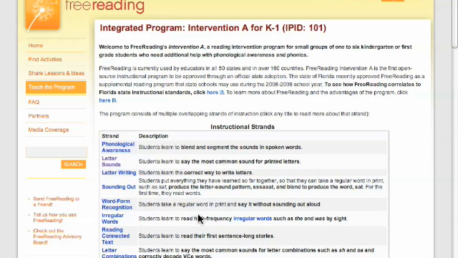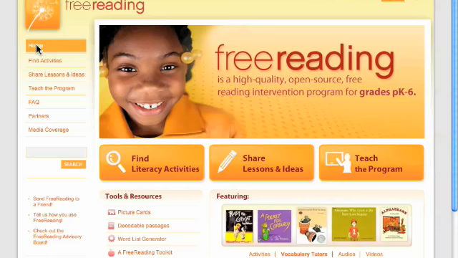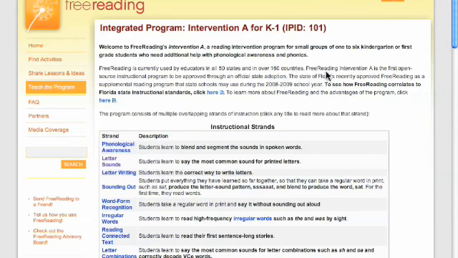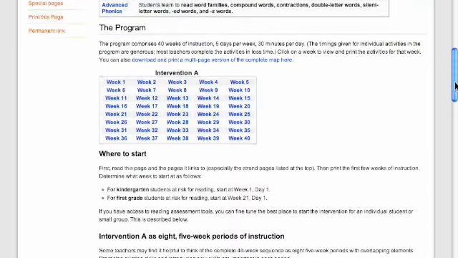I haven't found a good one that matches up the math, but this freereading.net site is a site for reading that is aligned with RTI for reading. If you remember, they have interventions. An intervention is 8 5-week periods of instruction.